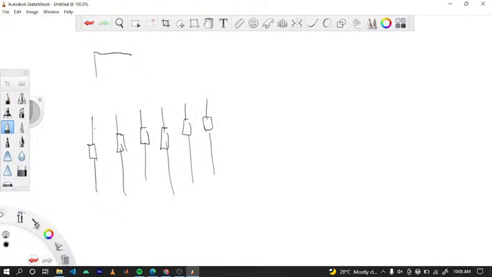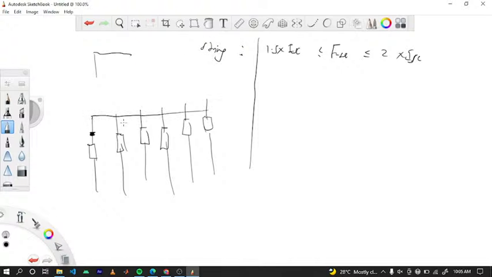So first, we must provide protection for each of the strings. For that protection, you use a fuse whose rating should be between 1.5 times the ISC and 2 times the ISC. So this is string protection.